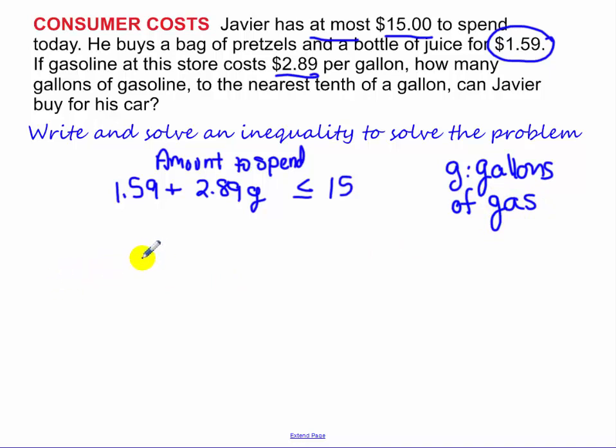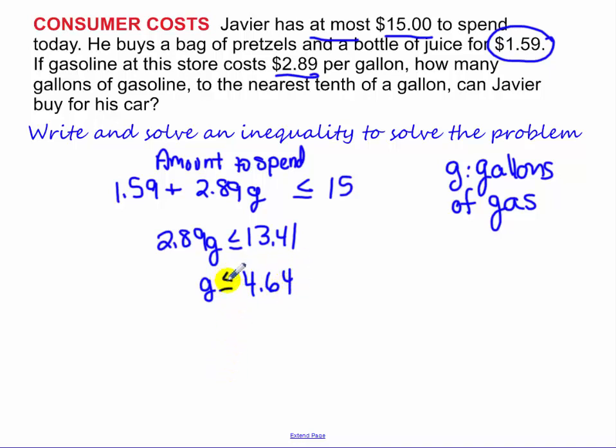When I subtract 1.59 from both sides, I divide by 2.89, and I'm doing this all in the calculator. It's okay for you guys to have your calculator for numbers like this.